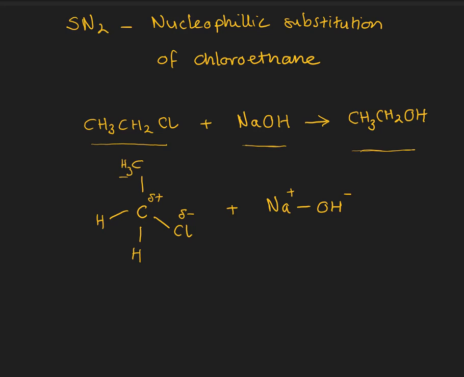So what about my NaOH? We said there's an ionic bond here. When NaOH goes into solution, it will dissociate. It literally will split up into your Na plus and your OH minus. What we're really interested in, and what is actually our nucleophile, if we recall our definition, is usually something with a partial or full negative charge, and it's usually the source of our electrons.